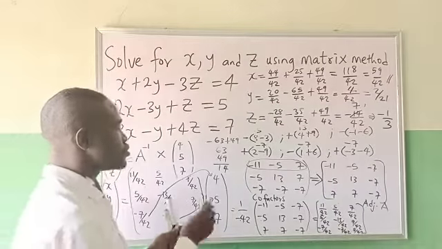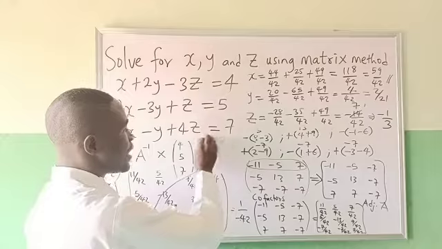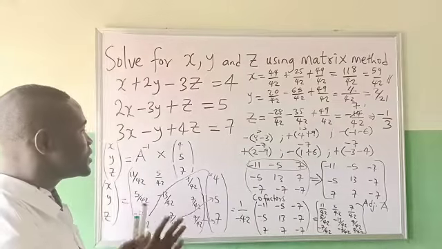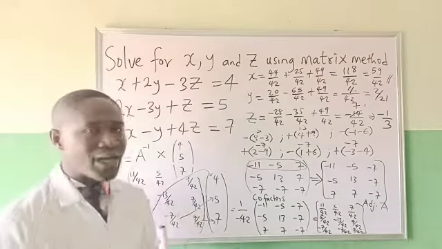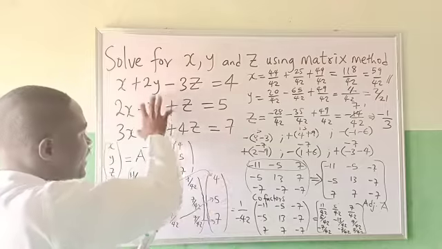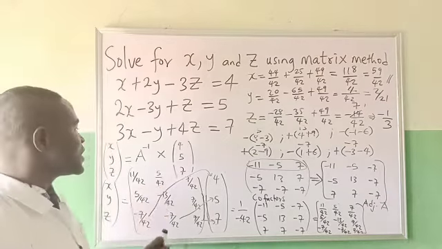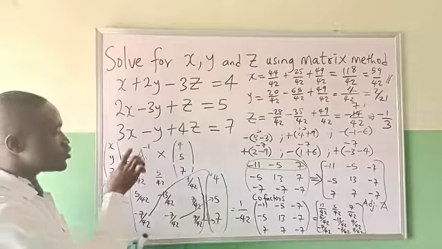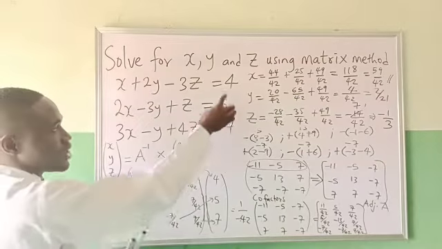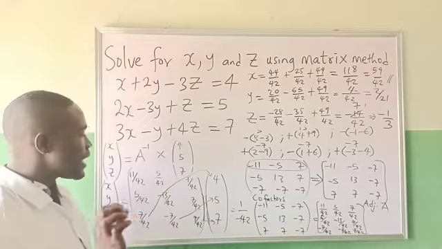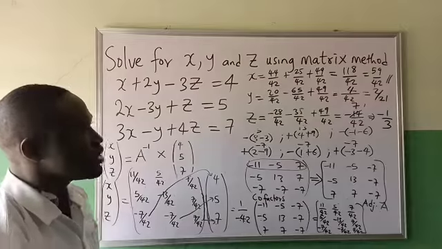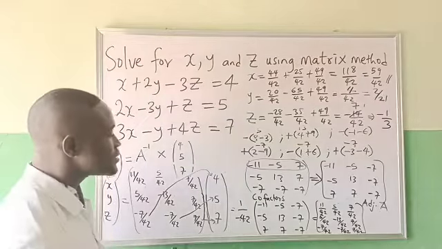So that is how to solve this using matrix method. That is, get your determinant of the matrix. First of all, package this to be a matrix form such that it starts with x, y, z equals to inverse of the matrix times the constant. Get the determinant of the matrix. Get the adjoint of the matrix.